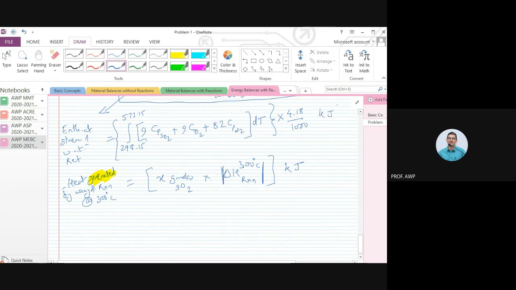So this plus this must be equal to the enthalpy of stream 2 with respect to the reference.